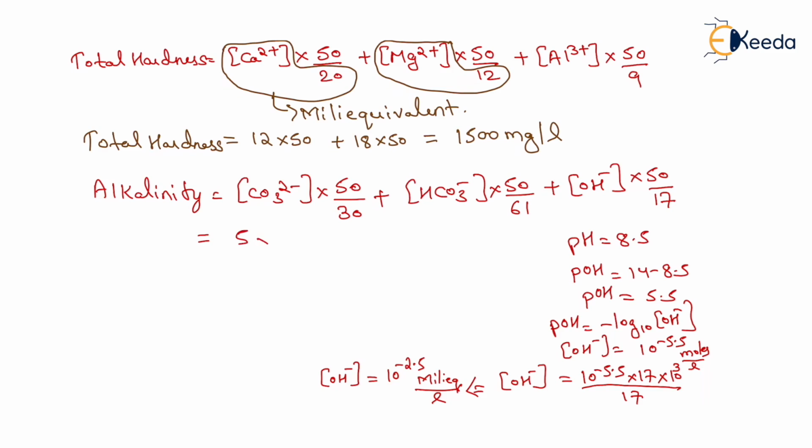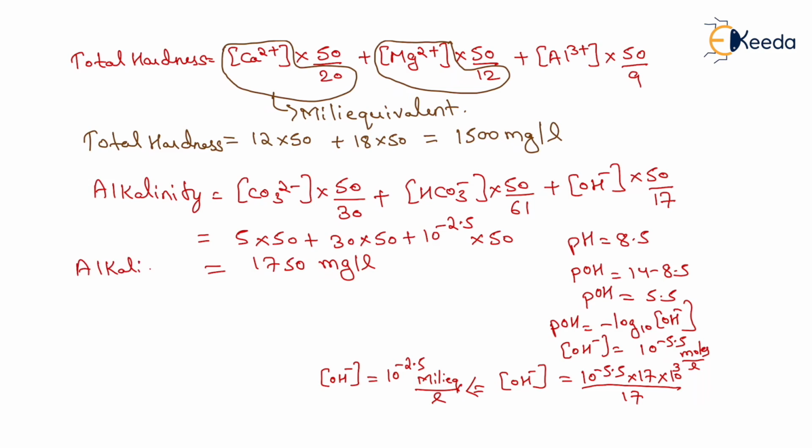Plus bicarbonate is given as 30, so we write 30 into 50, plus we have determined the concentration of OH negative in milli equivalent, which is 10 to the power minus 2.5, and we multiply it by 50. So we get the value of alkalinity as 1750 milligram per liter, because we put the value in milli equivalent, but from this formula we get the alkalinity in milligram per liter as CaCO3.